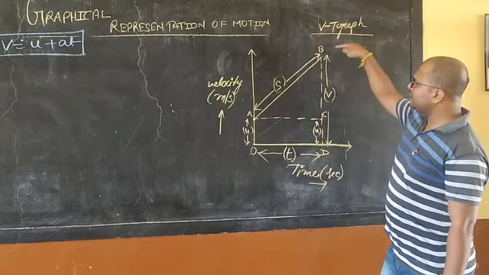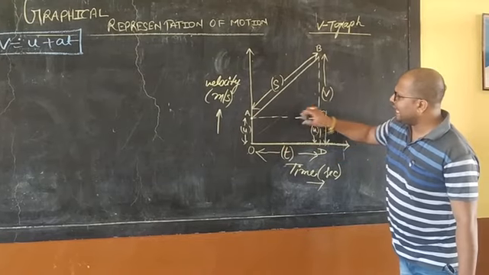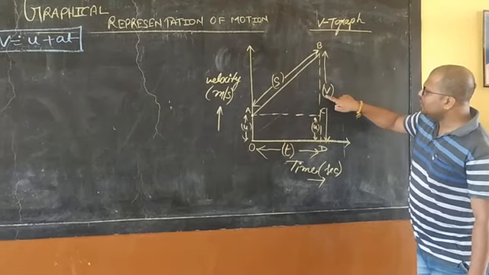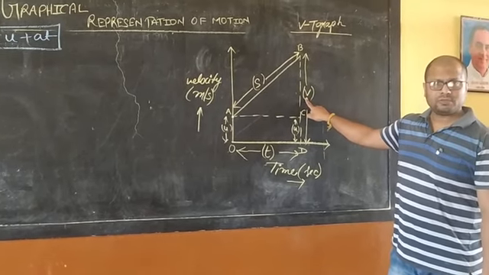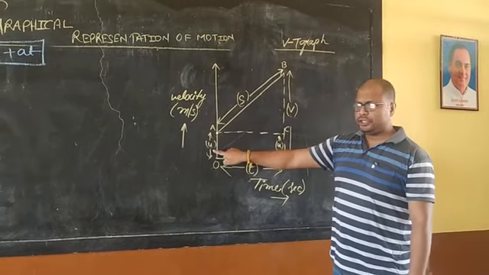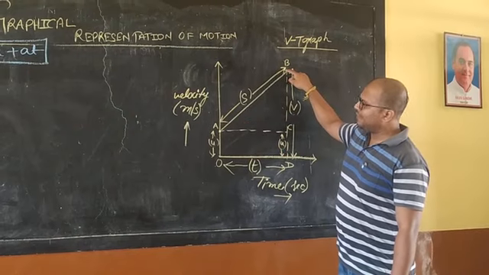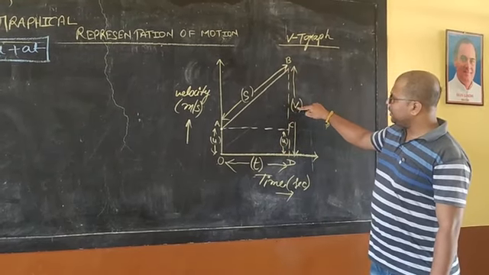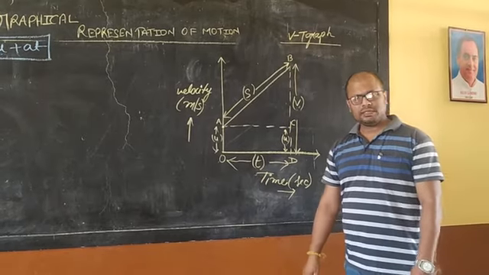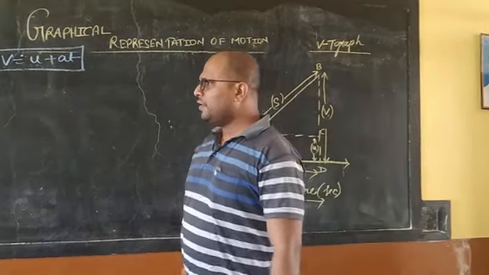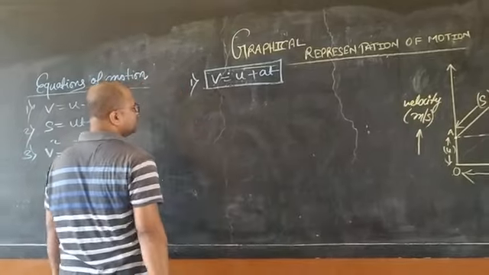And within this duration, the initial velocity has changed to another velocity with the value V, the final velocity. So initial velocity U, covered a distance of S meters, final velocity becomes V, and the total time taken is T. So how can we derive this equation?